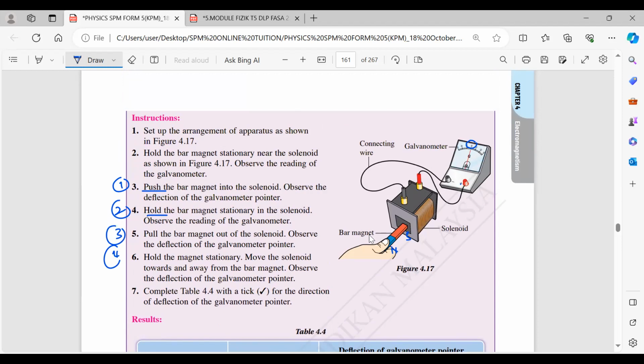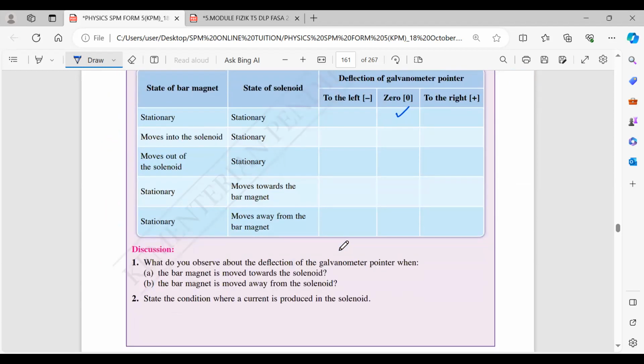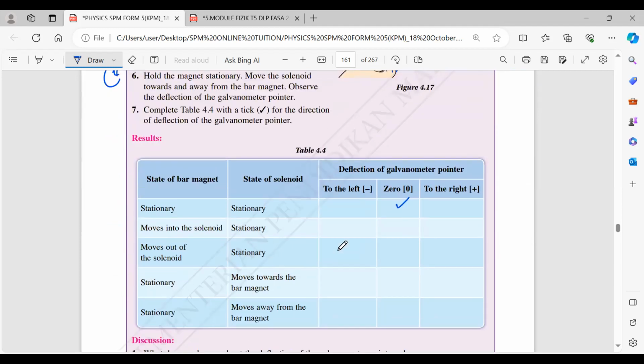If I'm moving the magnet in, it will try to oppose. It's a bit difficult to conclude; this is probably an observation you make when you do the experiment.